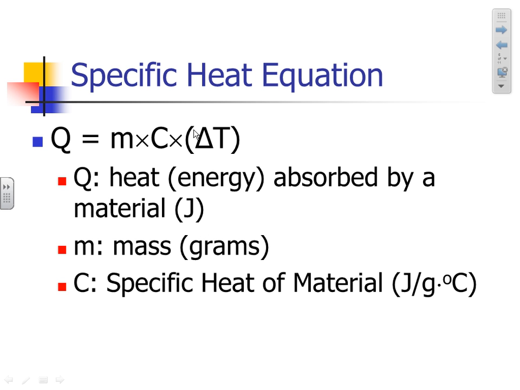And that means that on the right-hand side of the equation, this combination of stuff has to cancel everything except joules, because if we have joules on this side, we've got to have joules on that side, right? An equation means that one side has to equal the other side. So here, specific heat has a crazy unit, right? But grams is on the bottom, and that cancels with this grams here.